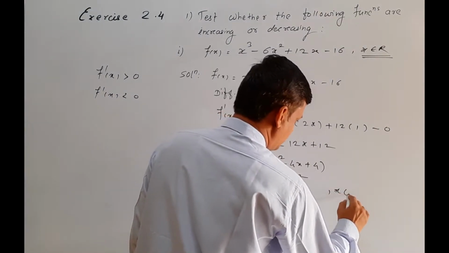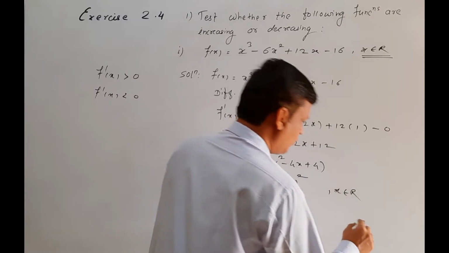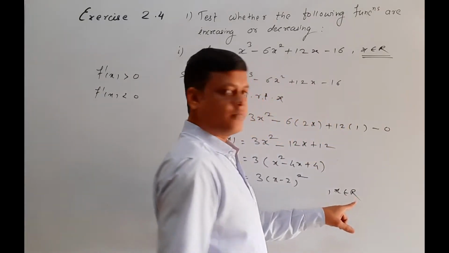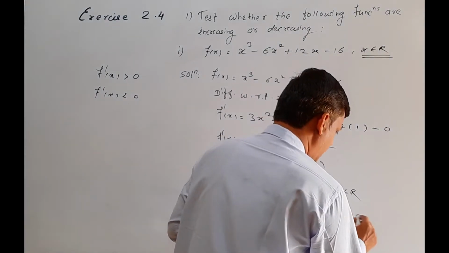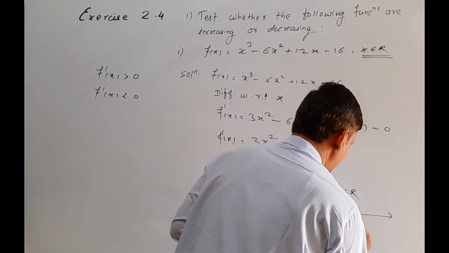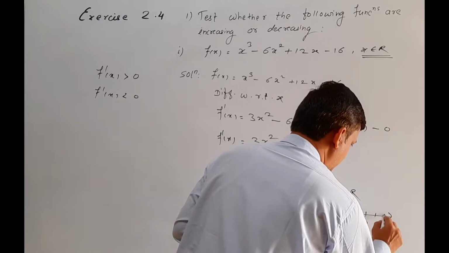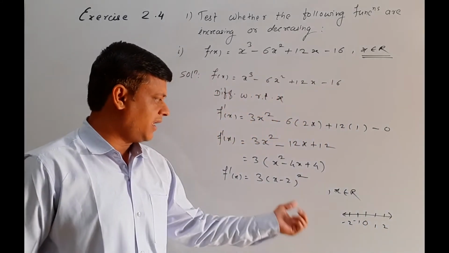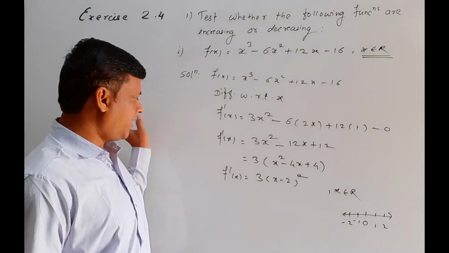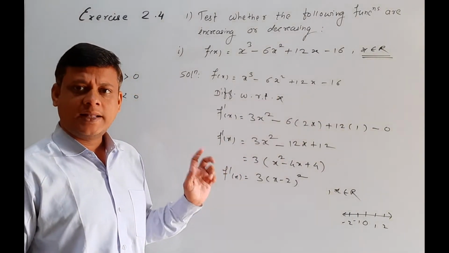So x belongs to R means we have to take values from the set of real numbers. For convenience we take a real line: 0, 1, 2, minus 1, minus 2, and from this we select values for checking whether f dash of x is greater than 0 or less than 0.